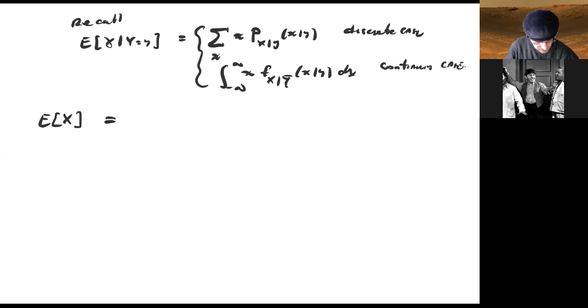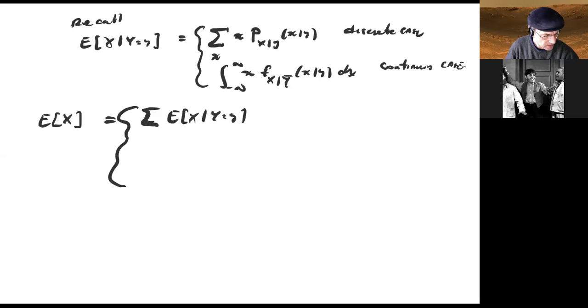So in the discrete case, you sum up the expected value of X given Y equals y times the probability that Y equals y, so I'll write the probability mass function of Y. I'm sorry, you're summing over y's here.